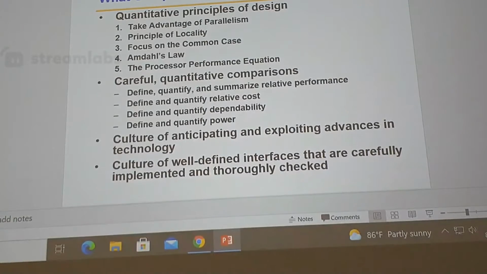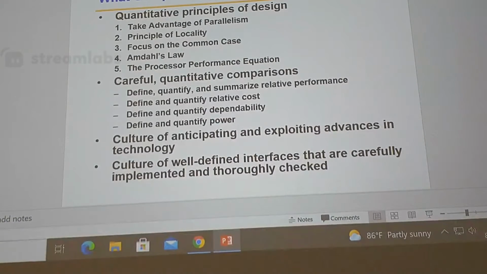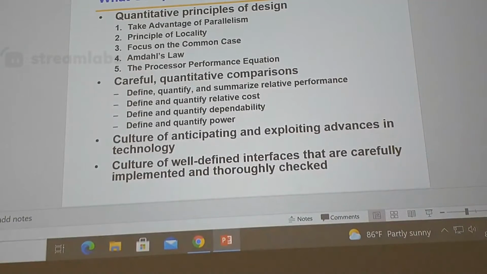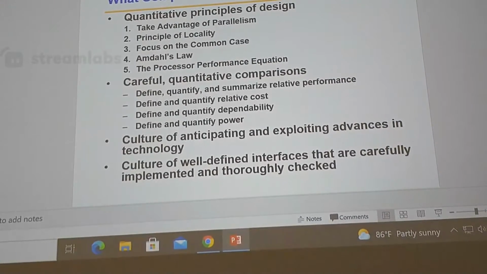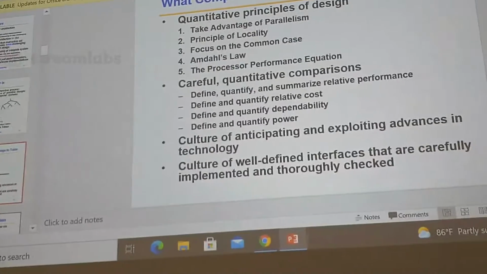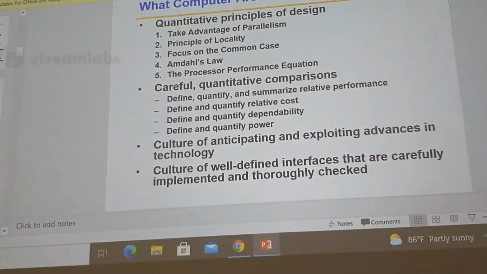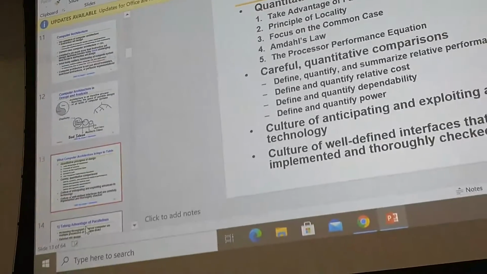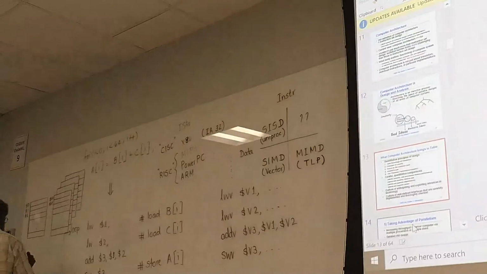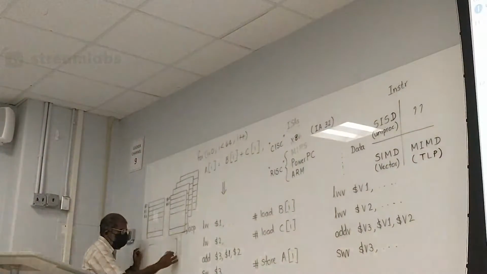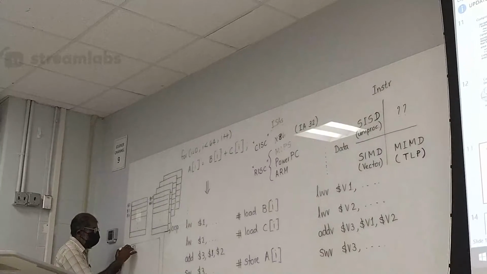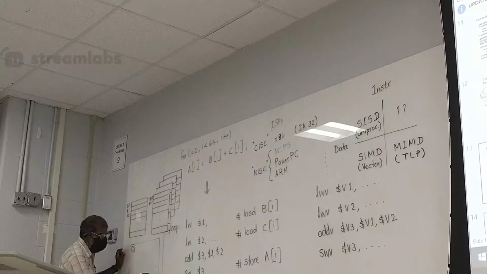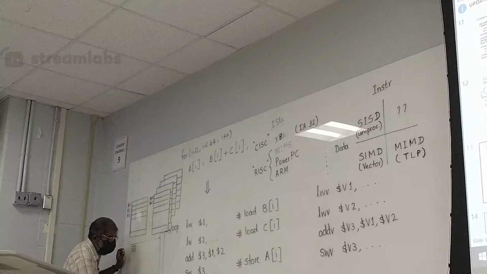In any digital system, it takes time for information to flow from one part of the system to another part of the system. So it is important to make use of locality. Let's say this is the whole system. You have some information here which you want at this point.